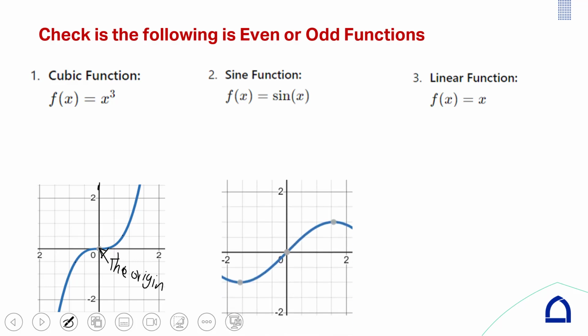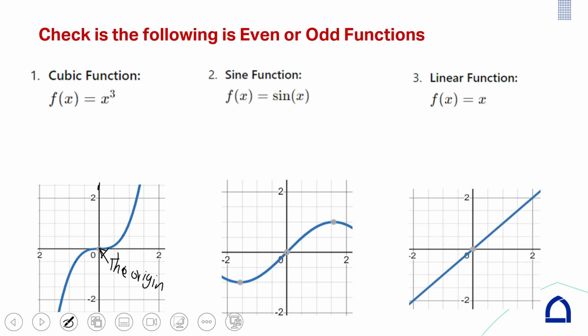Sine, similar to this, is also symmetric with respect to the origin. Also the identity function, y equals x. With the origin, you have the same half here. If you make a 180-degree rotation, you will have the other half identical.